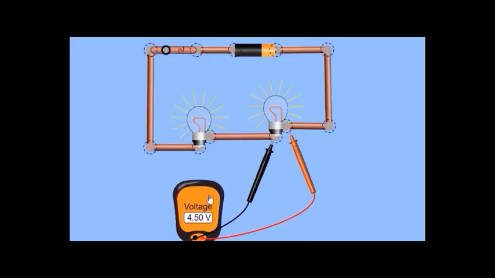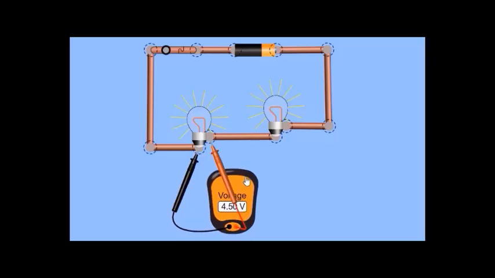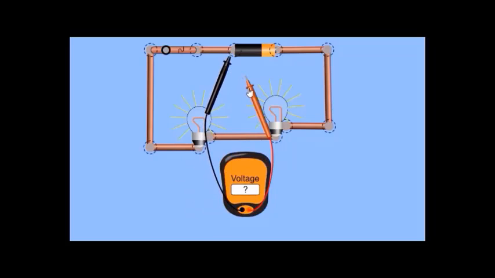For the second lamp, the voltage of the second lamp is 4.5 volt. What about the voltage of the dry cell? The voltage of the dry cell is 9 volt.